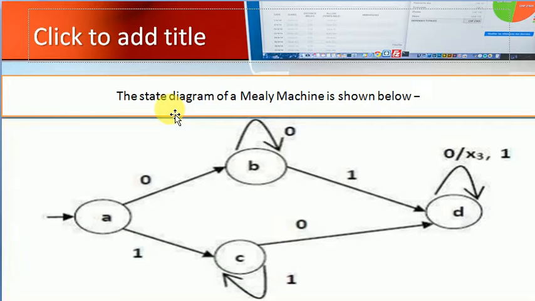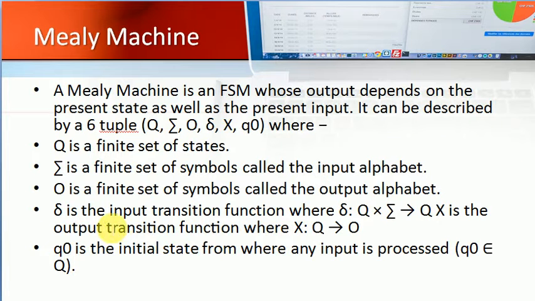So here we will understand by an example. Firstly, here we can see A. The arrow going inside A means this state is the starting state, which is denoted by q0.